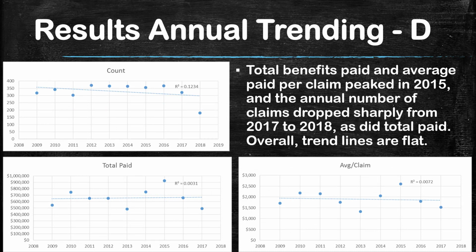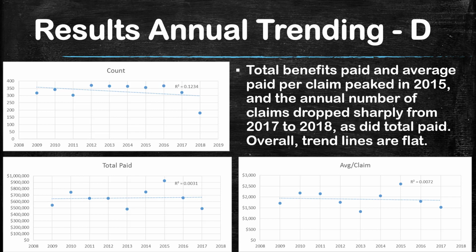In the fourth and final company, we have interesting dips, not from a count perspective so much, but the count for 2018 dropped considerably. I wonder what happened, what they did in the 2017 range to get the 2018 to come down so drastically. And then we have this interesting total paid.